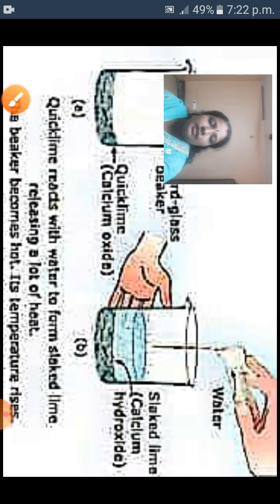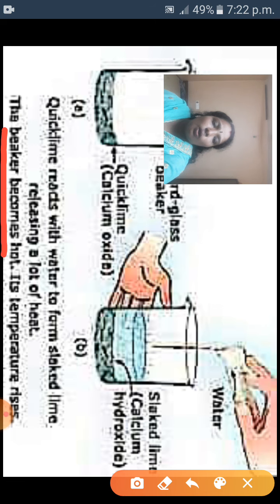As a result, the beaker becomes hot and its temperature increases. Now are you all clear? Yes.